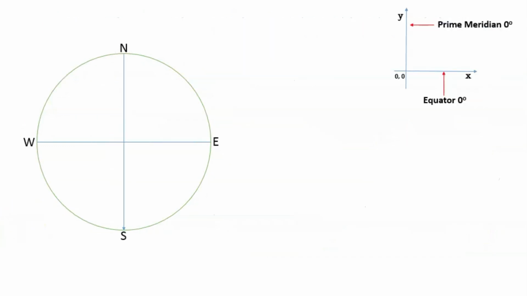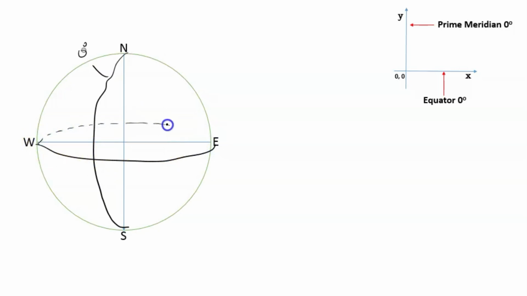All right. Another thing I also want us to know is about the lines of the equator and the prime meridian. The prime meridian is drawn this way. This is our prime meridian, and this is 0 degrees. And we have the equator, which is at the center.